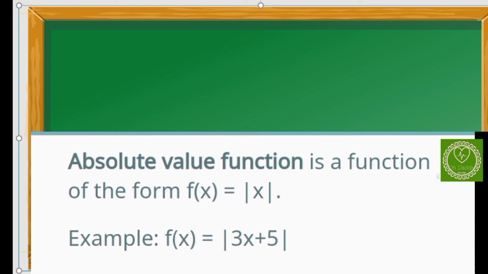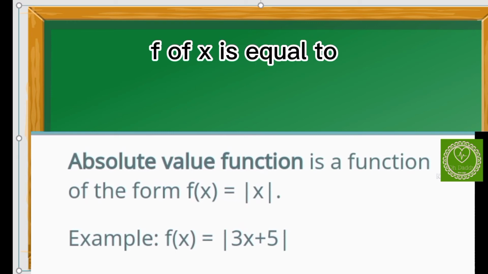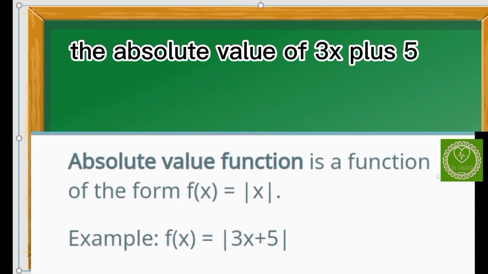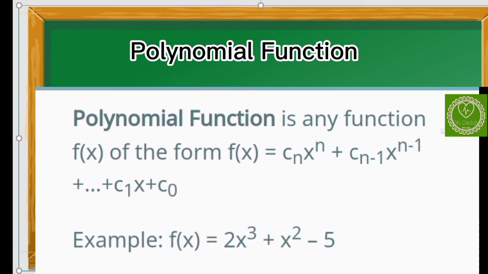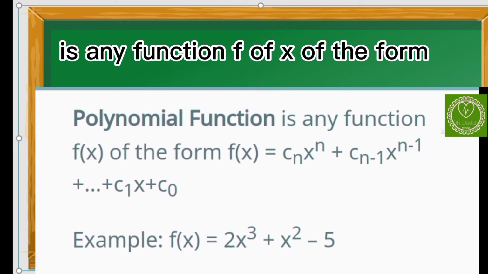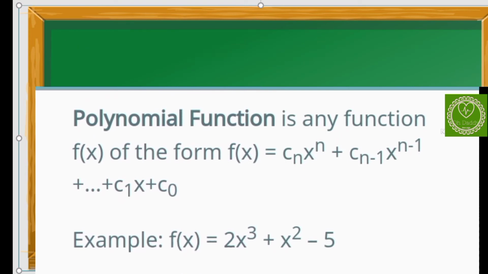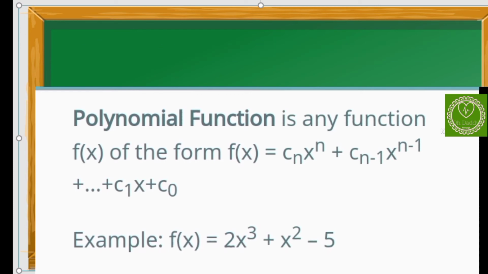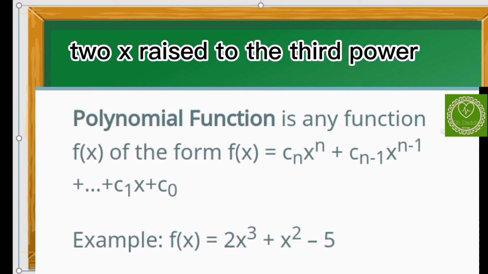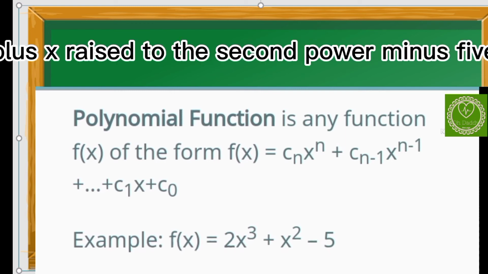Example, f(x) = |3x + 5|. Polynomial function is any function f(x) of the form f(x) equal to the polynomial. Example, f(x) = 2x³ + x² - 5.